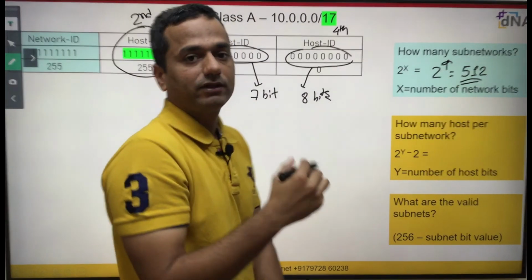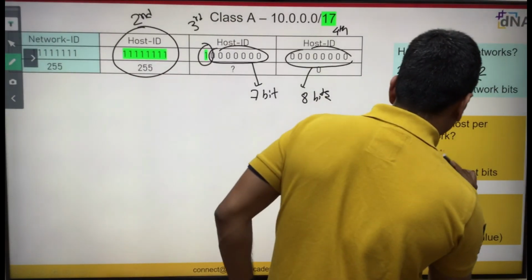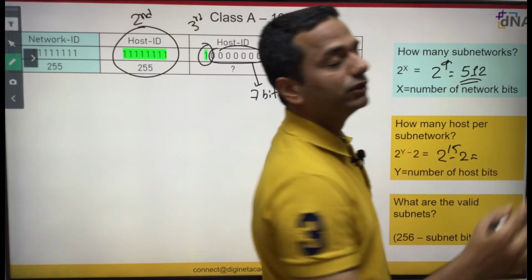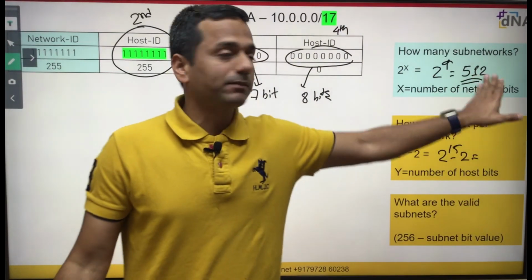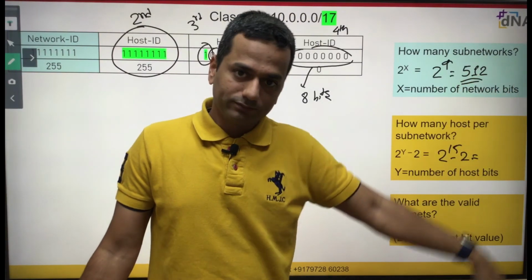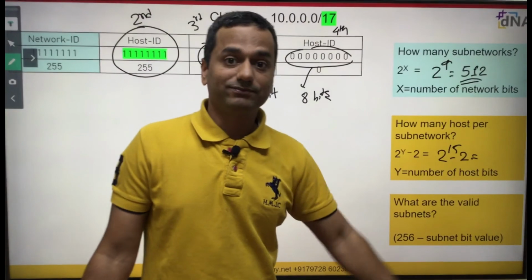So 8 plus 7 is 15. So 2 raised to power 15 minus 2 hosts you will get in each subnetwork. And how many subnets are we getting here? 512. Got it?